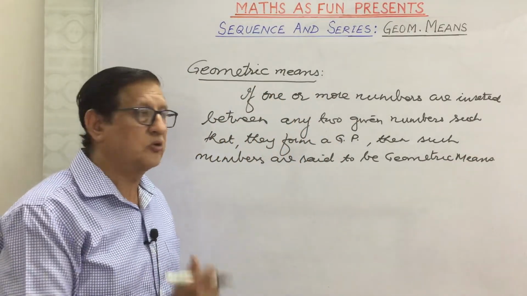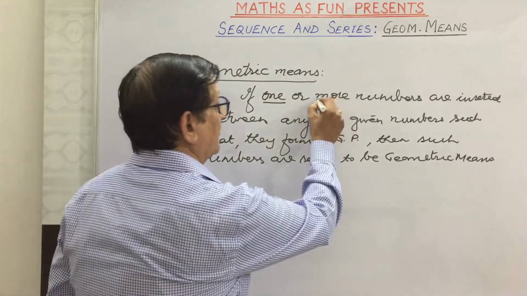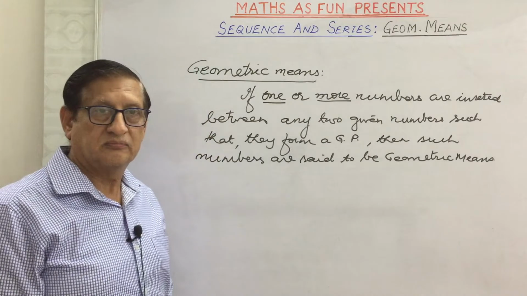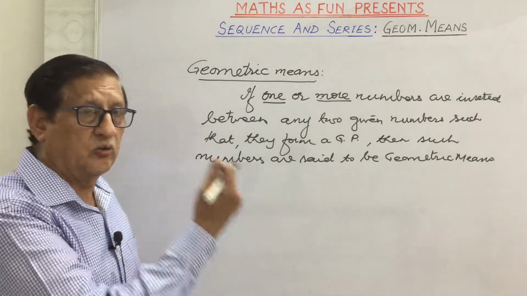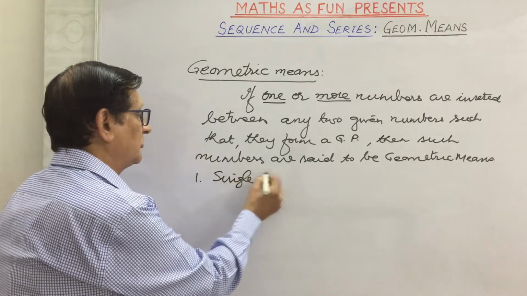Now we can have two cases, for one number and for more numbers. When we insert only one number, that is known as a single geometric mean.